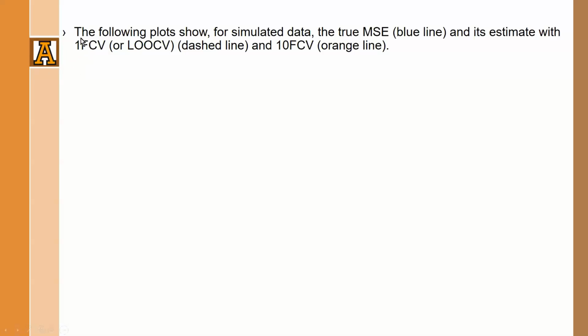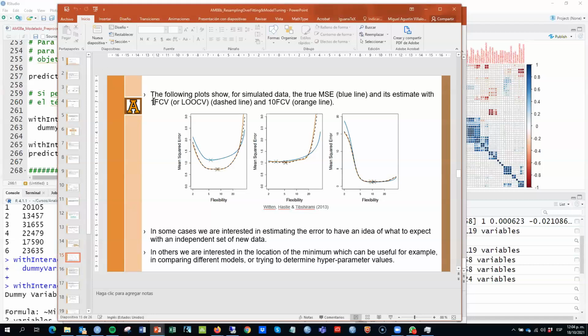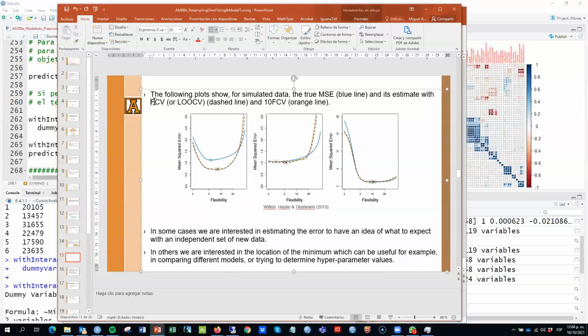There's a mistake here. N-fold cross-validation is the same thing as leave-one-out cross-validation, because I'm building n folds, and each fold corresponds to one observation. Okay.